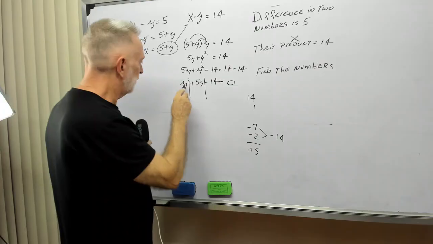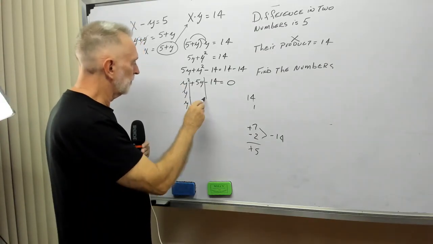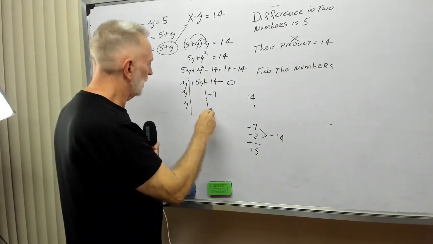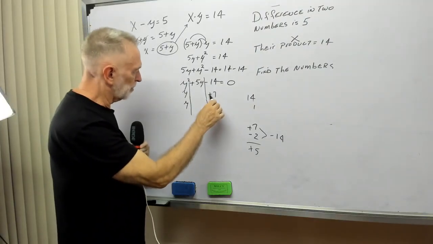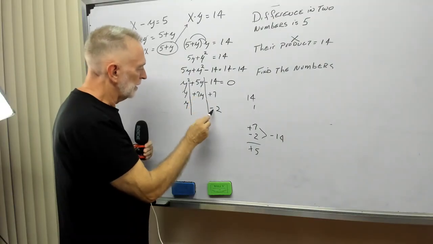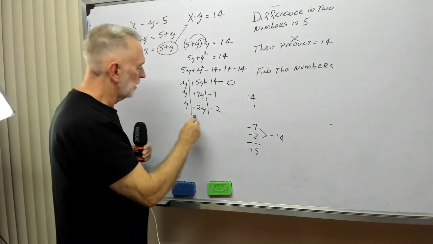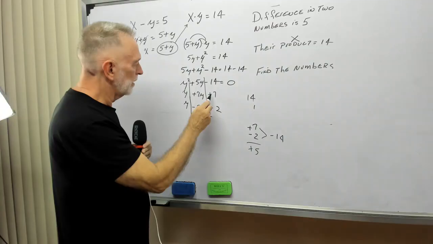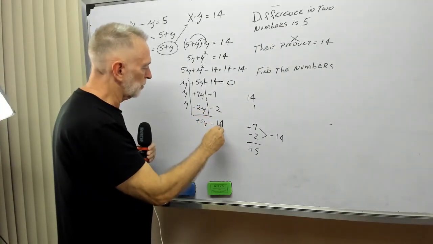So if I break this down, this is Y times Y, and then a positive 7 and a negative 2. If I cross multiply, positive 7 times Y is 7Y. Negative 2 times Y is negative 2Y. If I add those together, that gives me a positive 5Y. Positive times negative is negative, 7 times 2 is 14.